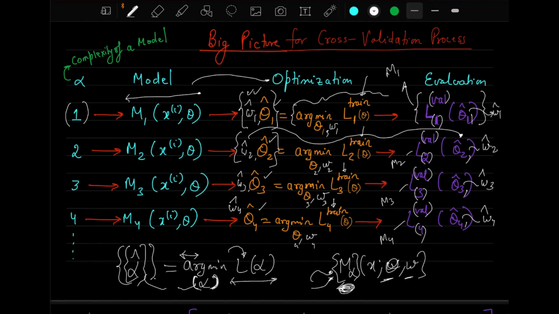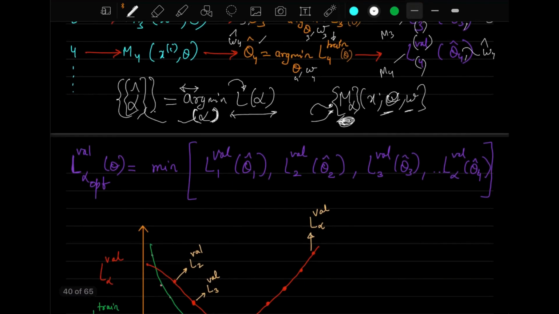Once you have done this, the ideal validation value, which we are calling alpha opt, means the ideal model, which we have to find out. We are calling it alpha optimal. That will be the minimization, the minimum of either of these terms.